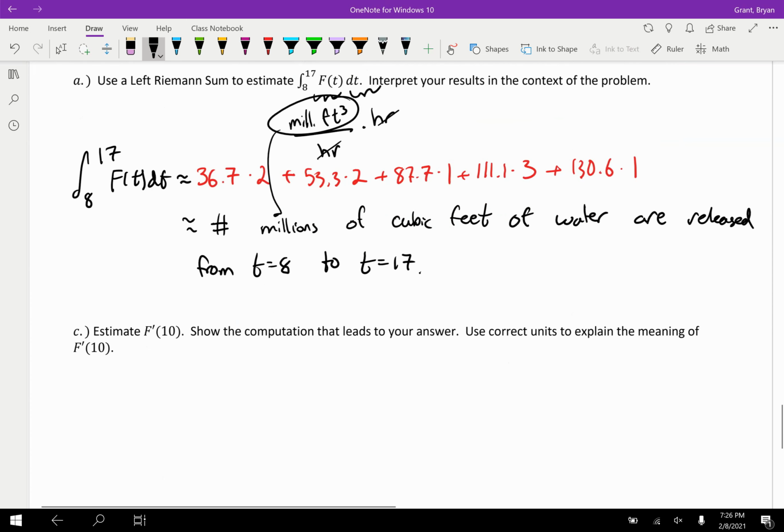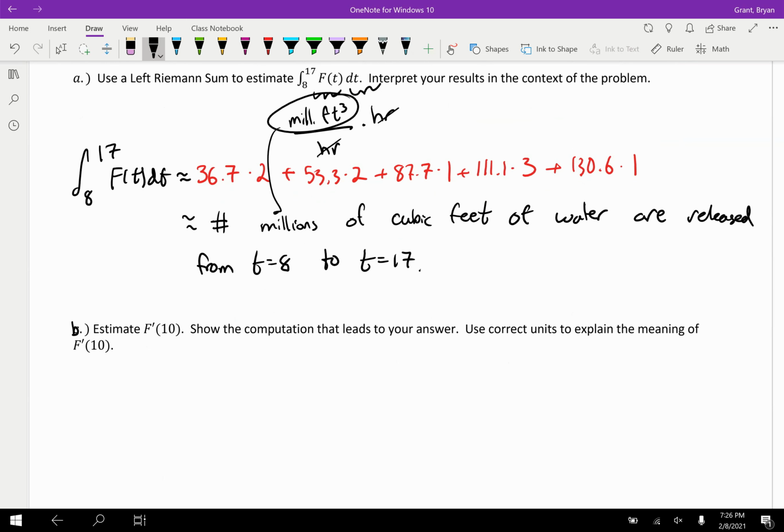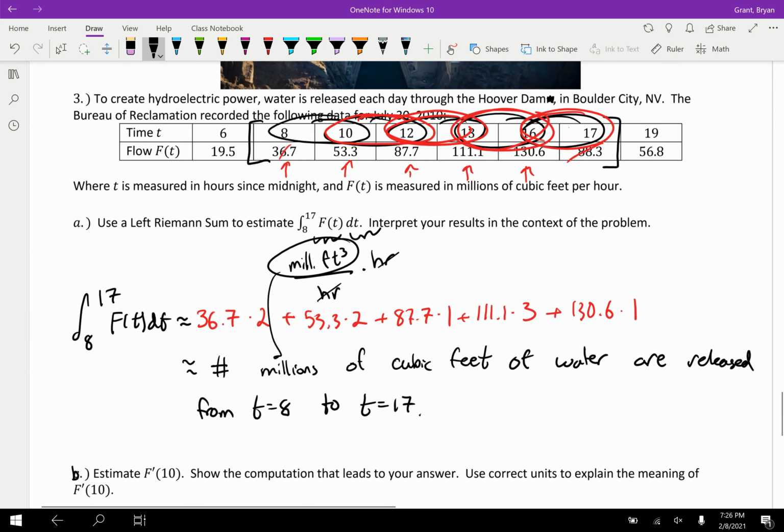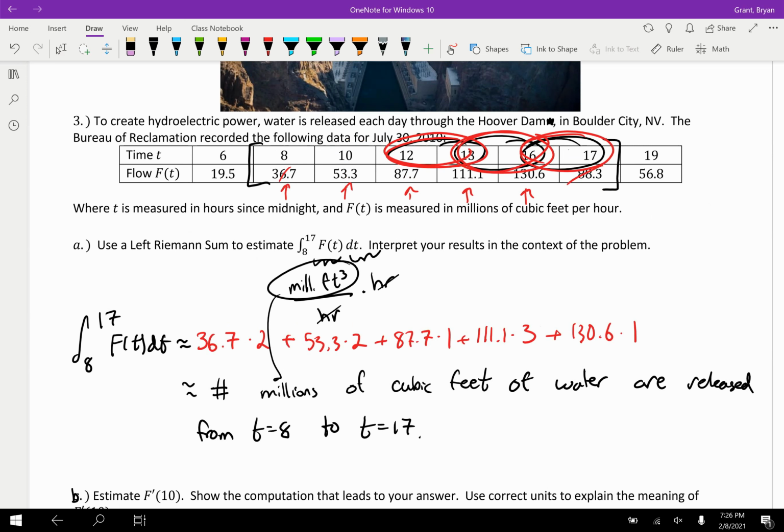versus part C here, which should probably say part B, says estimate f prime of 10. This is saying at a specific moment, what is the value of f prime? But of course, you'll come back up here and you'll say, well, we have 10 right here, so what do we do? Well, if we're going to estimate f prime of 10, I always take the closest values above and below.